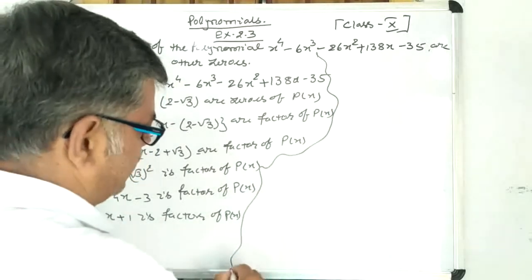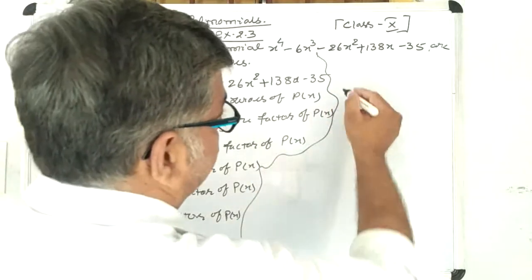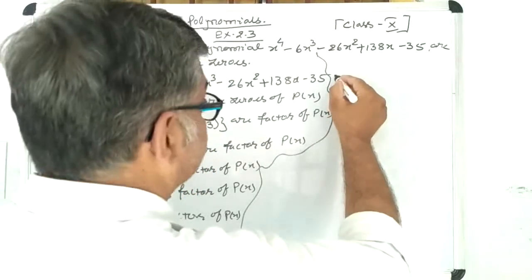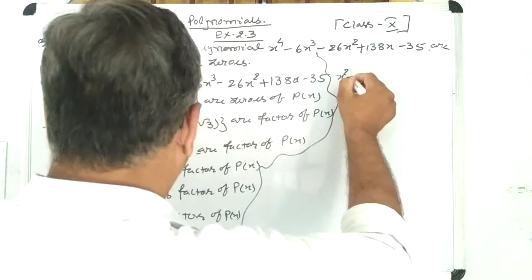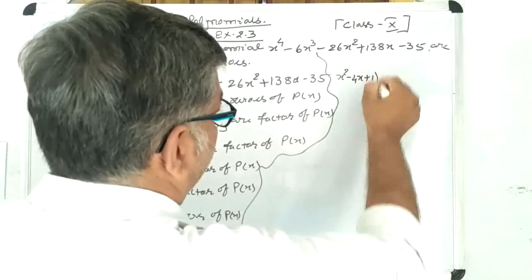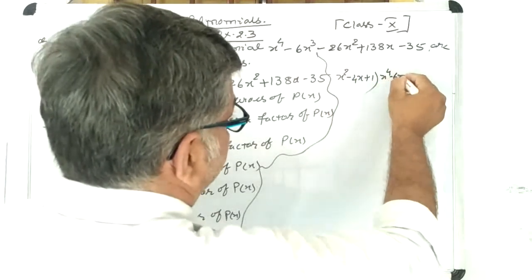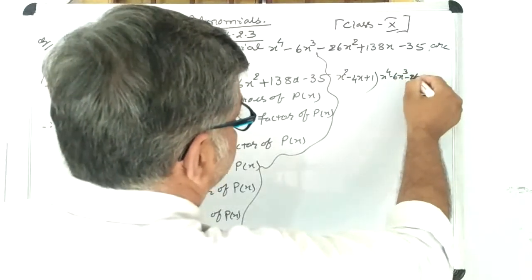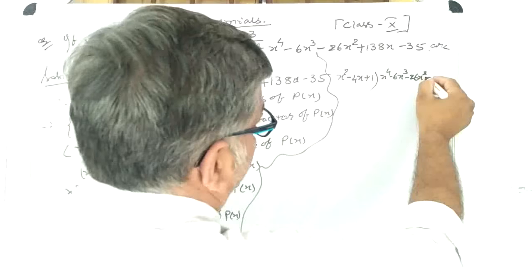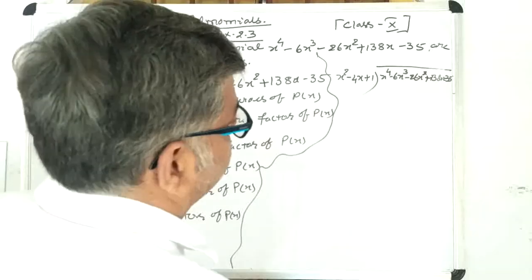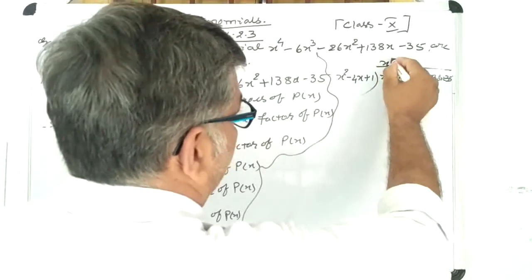So let's see the division. We need to divide x to the power 4 minus 6x cube minus 26x square plus 138x minus 35 by x square minus 4x plus 1, and the quotient will be written upward. What will be the first term? It will go by x square times.